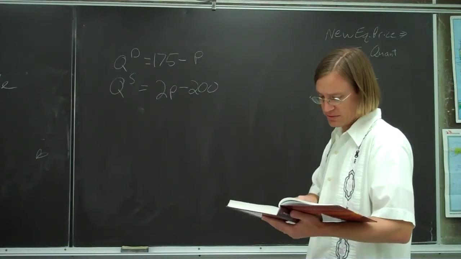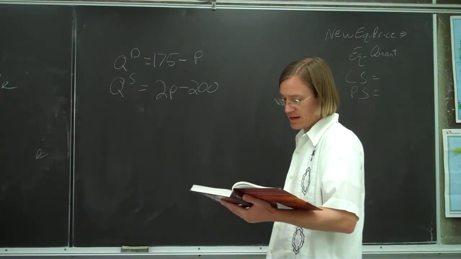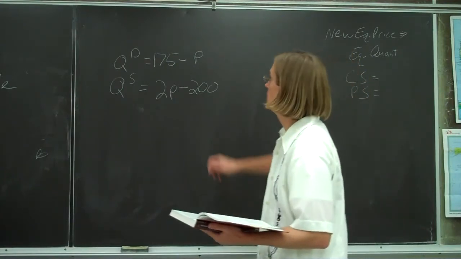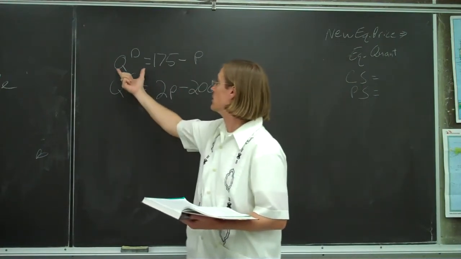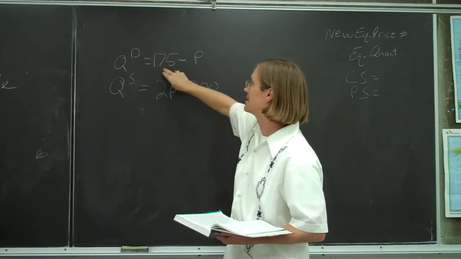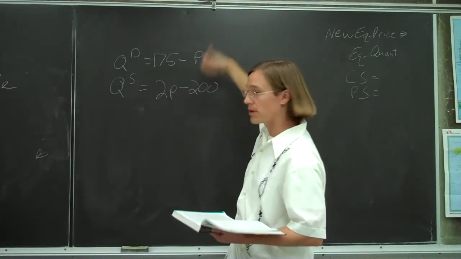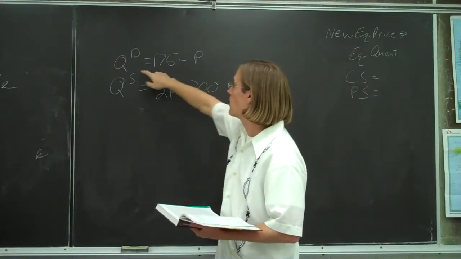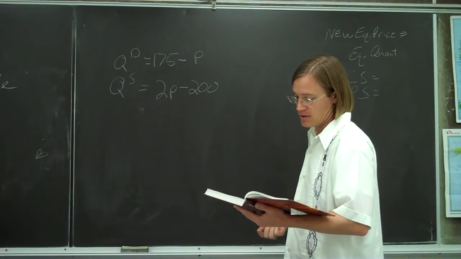demand equation. So they say that the quantity demanded is equal to 175 minus P. And so that's our demand equation. So this means that the number of units demanded are going to be equal to this constant 175 minus the price. So as the price increases, the quantity demanded should decrease, which goes right along with our law of demand.